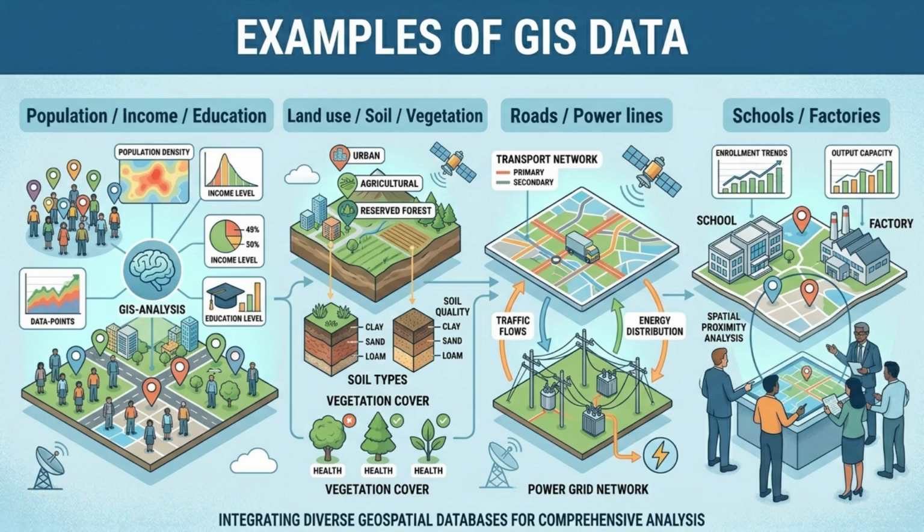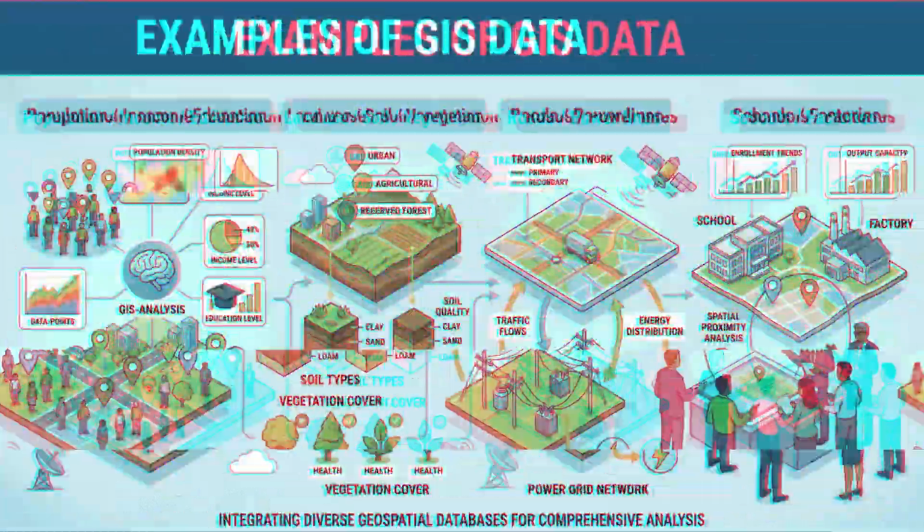For example, locations can be represented using latitude and longitude coordinates. GIS can handle different types of data such as population, income and education levels, land use, vegetation and soil types, as well as locations of factories, farms, schools and infrastructure like roads and power lines.